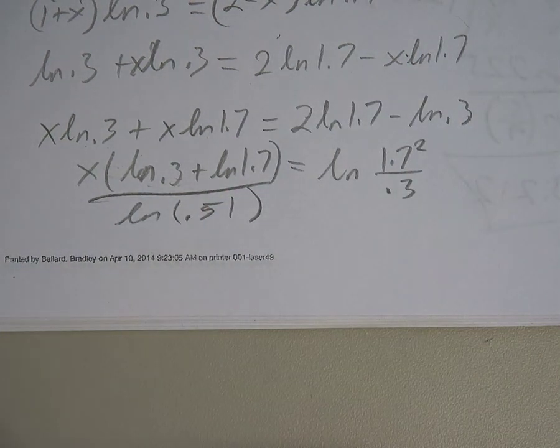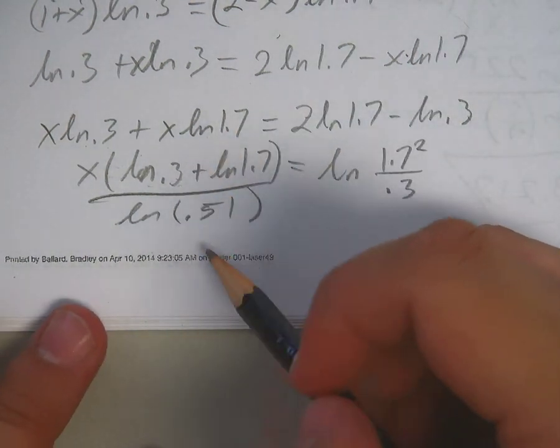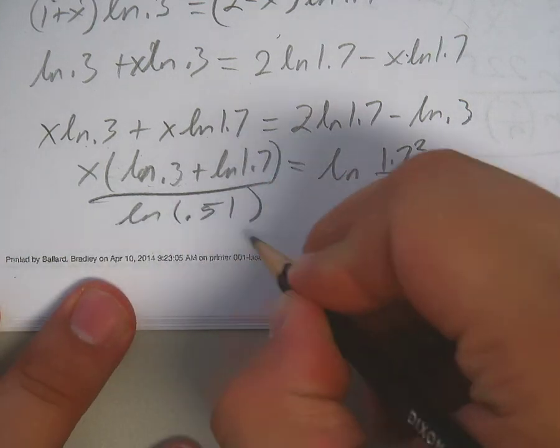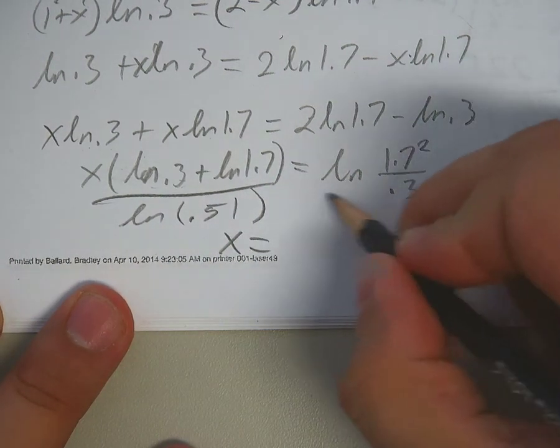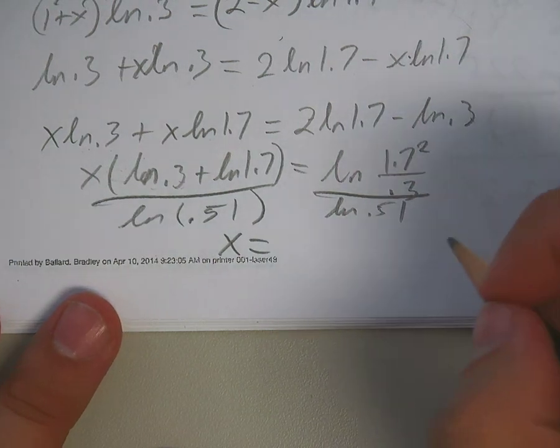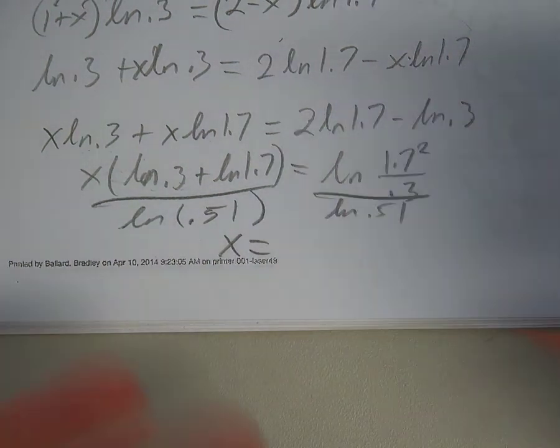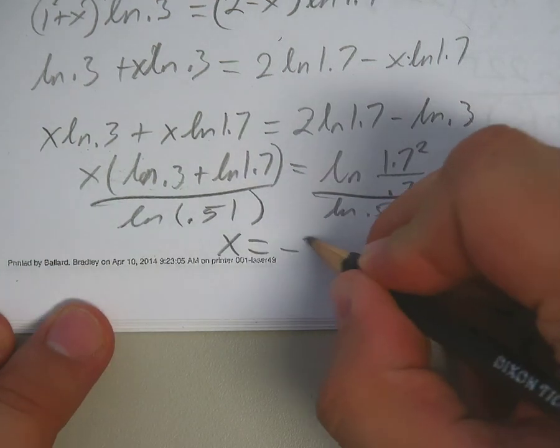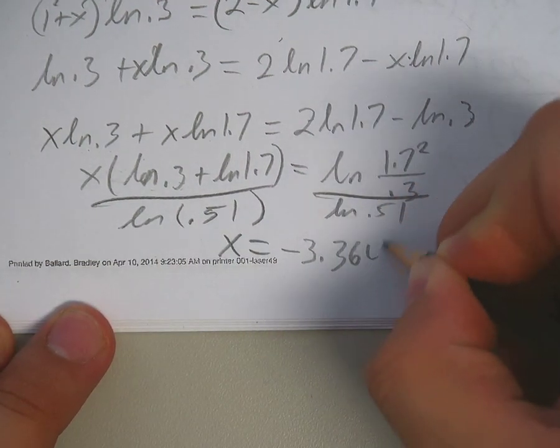So I'm dividing by this part right here, so that all I'll end up with is x equals that over here, divided by the natural log of 0.51. And it's just calculator work. You bust it out and you get negative 3.364.